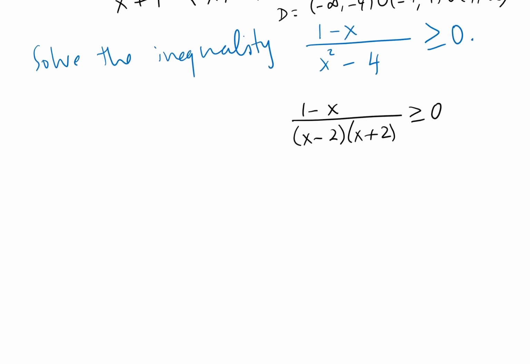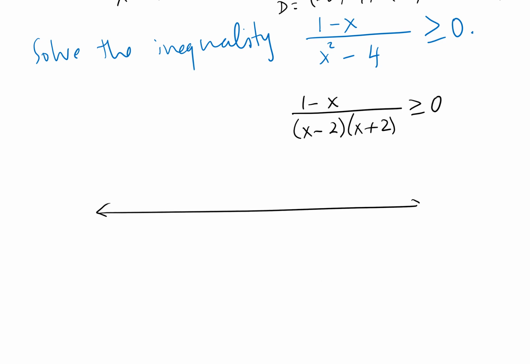After we do the factoring, we use the number line. What goes on the number line? Negative 2, 1, and 2. Negative infinity and positive infinity.